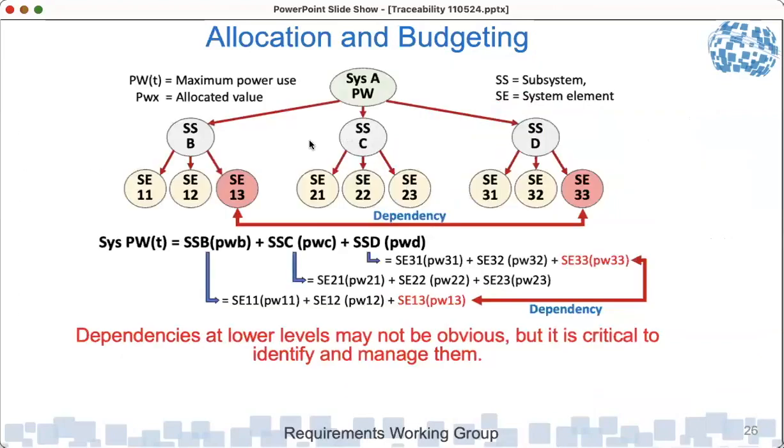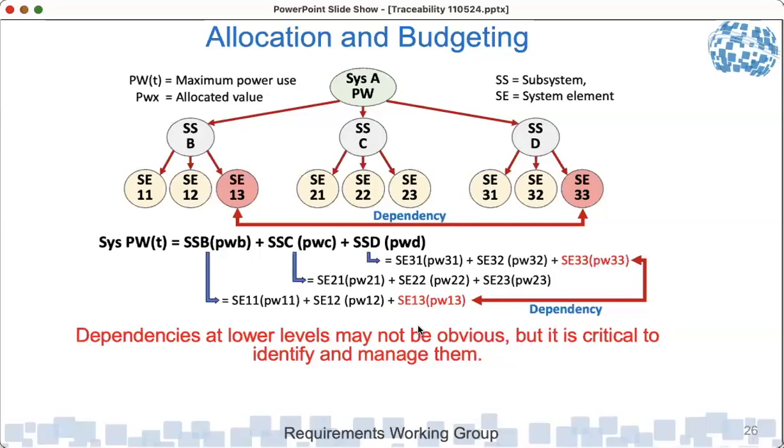It could get complicated. We have dependencies at lower levels. So I may have the budgeted system A requirement. I may have the budgeted subsystem B, C, and D requirements. They each have children requirements. And here we have a subsystem B requirement that has a dependency with a subsystem D low-level requirement. So I have these equations at multiple levels, and I have a dependency.